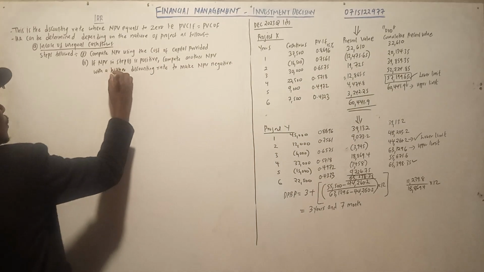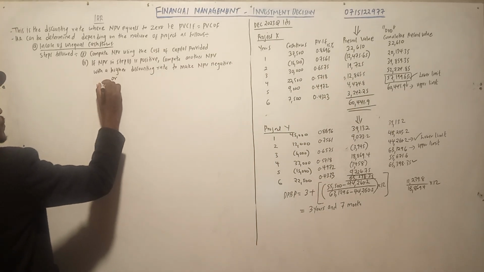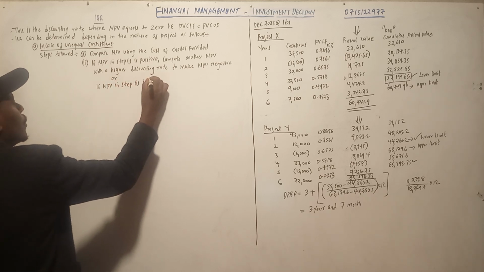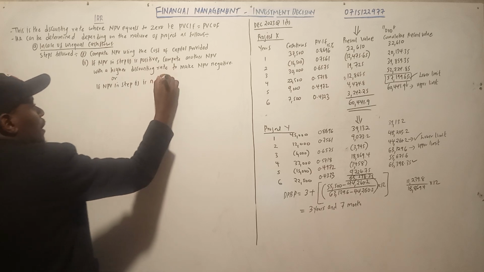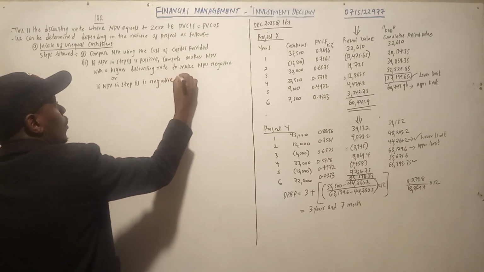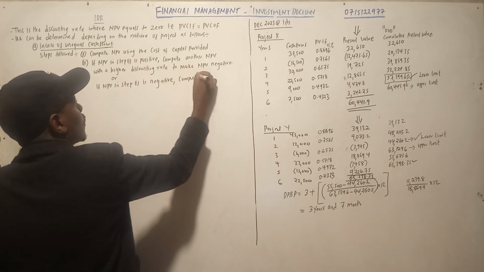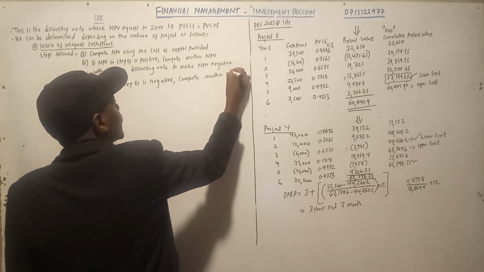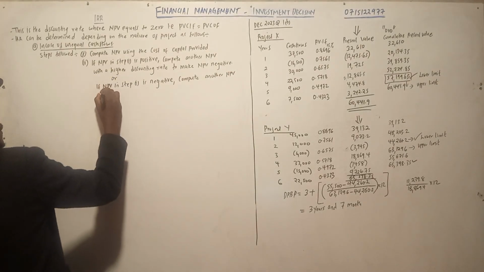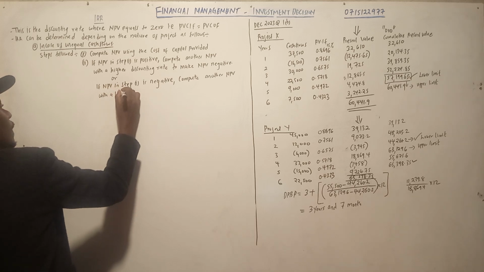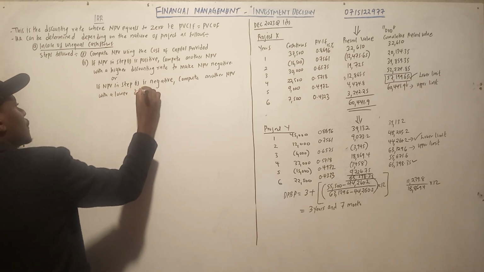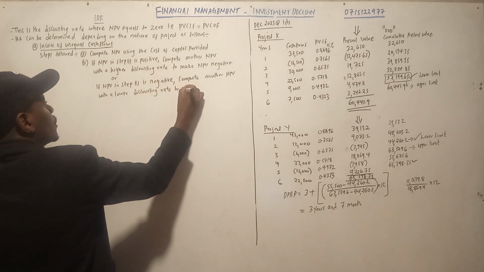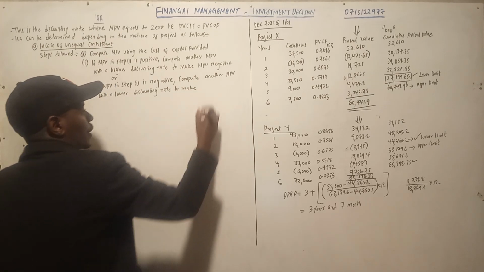So if NPV in step 1 is negative, compute another NPV with a lower discounting rate to make it positive.